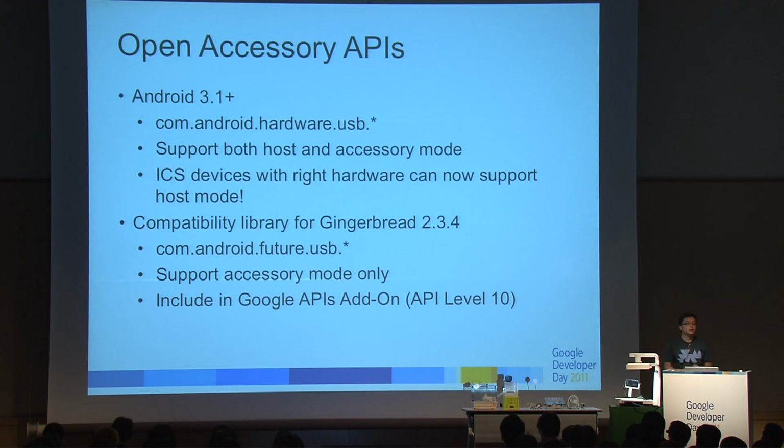One good news about ICS is that, starting from ICS, phones can also support host mode, of course, given the phone has the right hardware. But in the past, for all the phones, especially those using Gingerbread 2.3.4, there's another package we are using called com.android.future.usb, but this only supports accessory mode. And this is available in the Google API add-on.